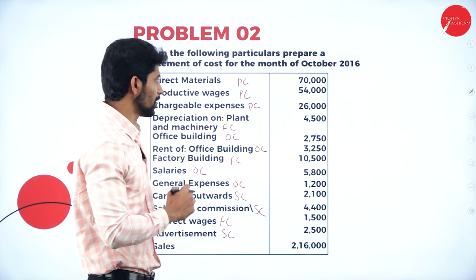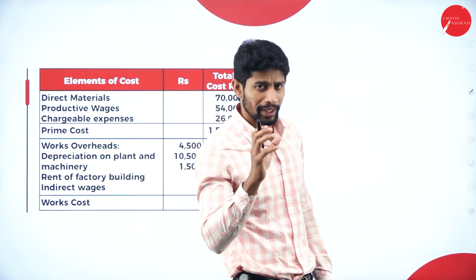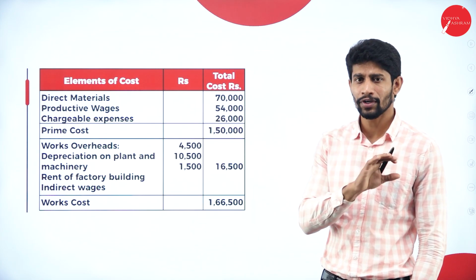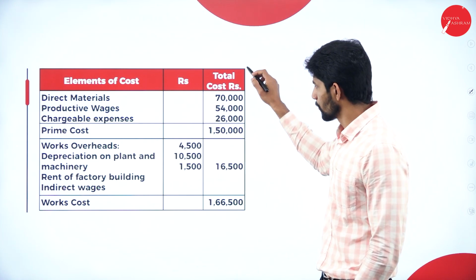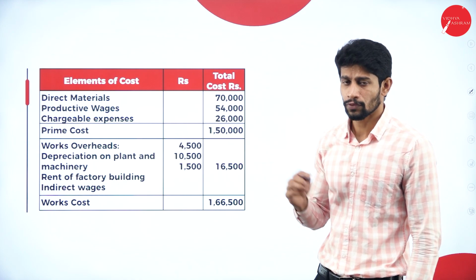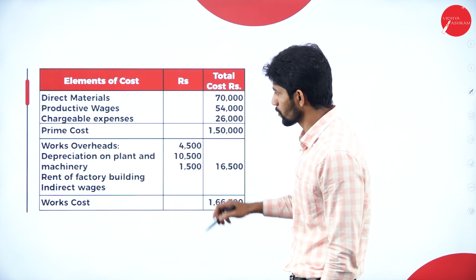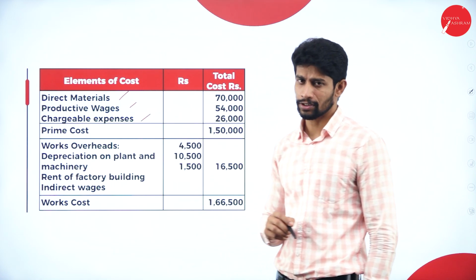Now let us solve the problem. Computation of cost sheet. We are going to make 3 columns. Here we are not finding the per unit value, just the total cost. So: element of cost, rupees, and total cost. First we consider direct material, wages, and chargeable expenses.